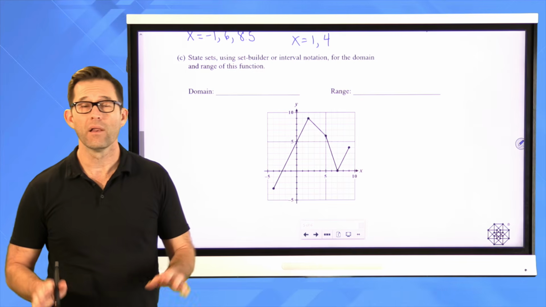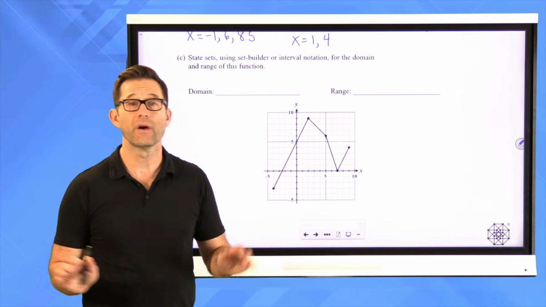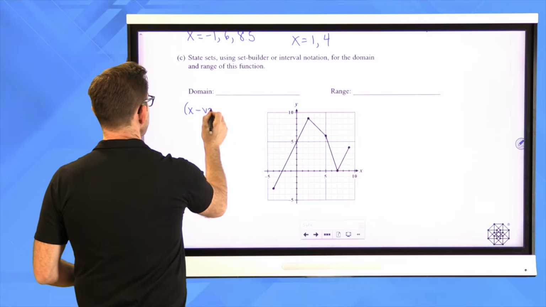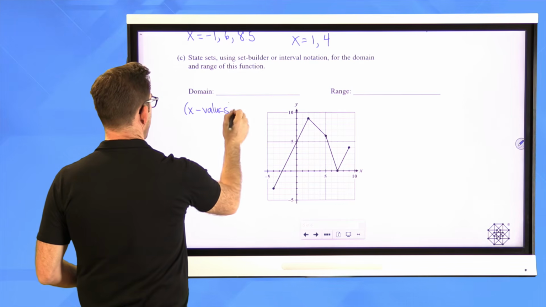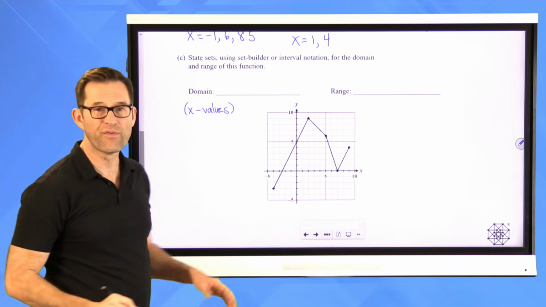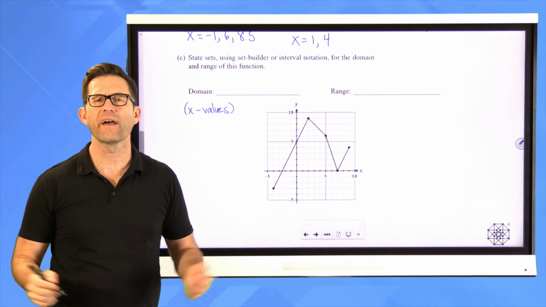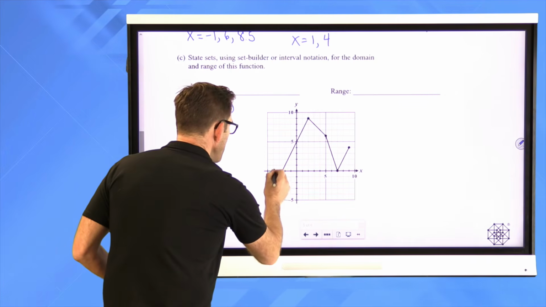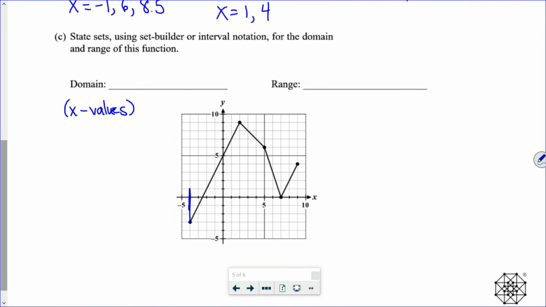Well, again, a lot of students early on, and this is very understandable, will say the domain is the x values. So I look at this function and I want to know all the x values that live on it. Well, the smallest x value here is an x of -4, and the largest x value is an x of 9.